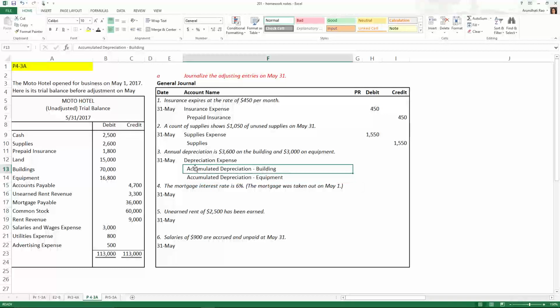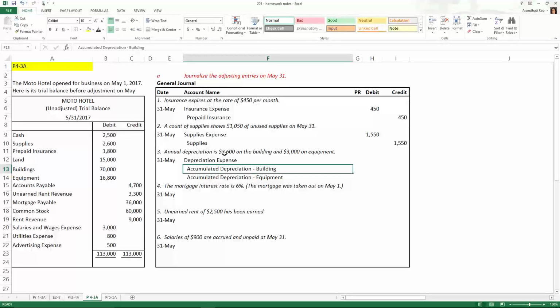Now we can combine this into one journal entry, or we can keep this as two separate journal entries. If I kept it as two journal entries, it would be depreciation expense debit, accumulated depreciation building credit, depreciation expense debit, accumulated depreciation equipment credit. I think on Wiley Plus, that's how you're asked to do it. I'm combining it over here.